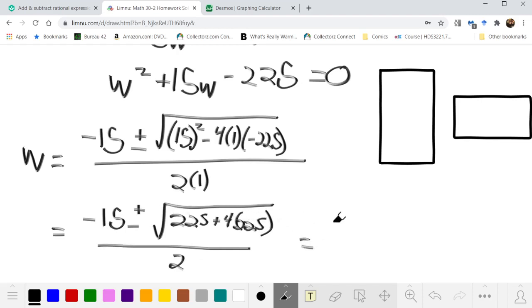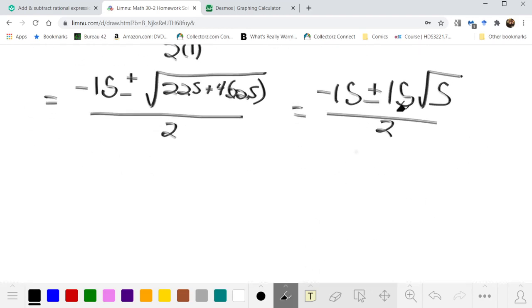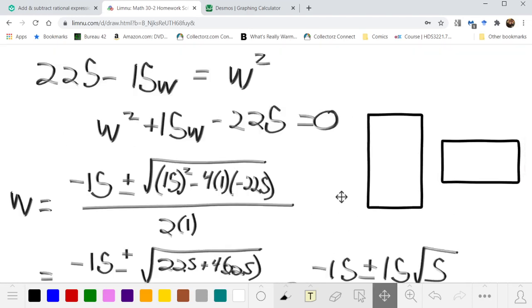We could factor out that 225 and bring it outside as 15, and there's a root 5 over 2. And these are the two possible solutions here.